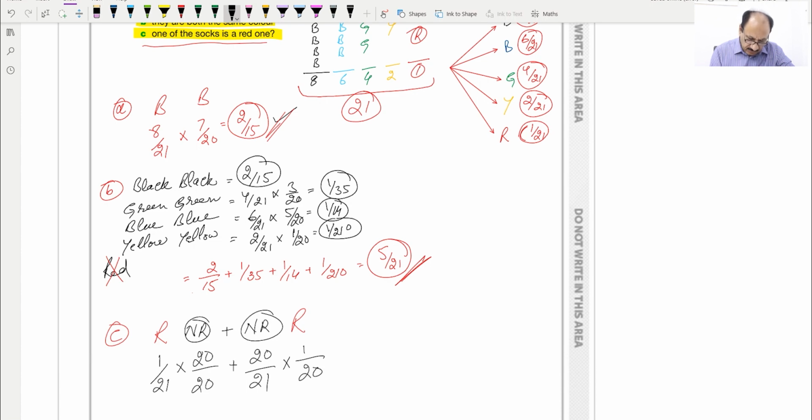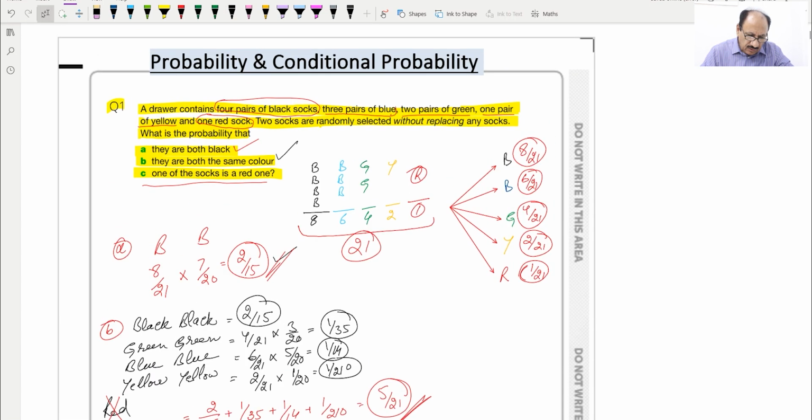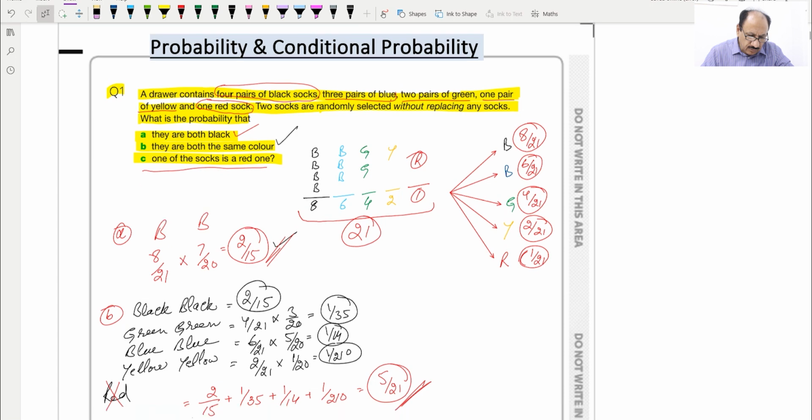We can cancel these 20s and we will get 2 over 21, and 2 over 21 will be the answer for this part. Hopefully you understood this. This was the tricky question.